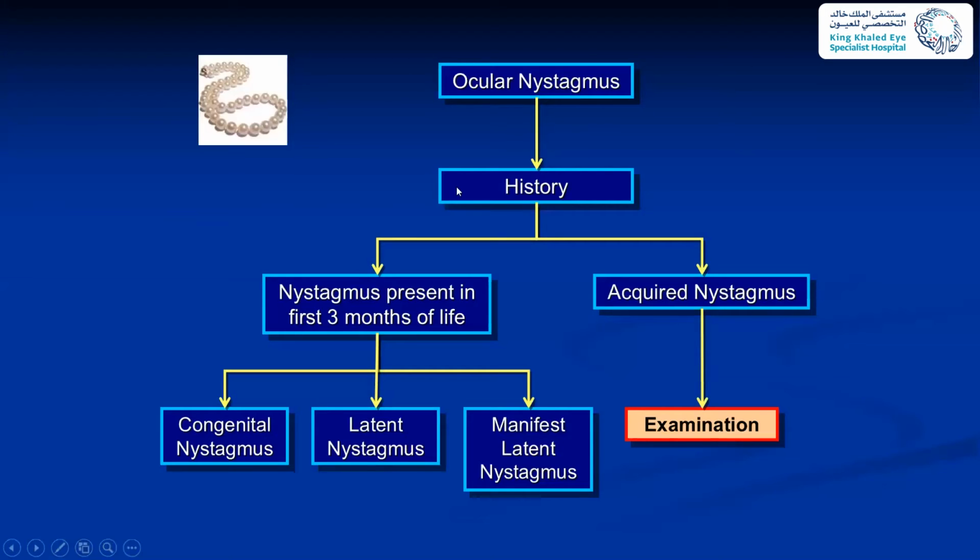If the mother of a child told you that the nystagmus was present in the first 3 or 4 months of life, why 3 and 4 months? Because usually the infant starts looking, concentrating and can follow the object in the first 3 months.